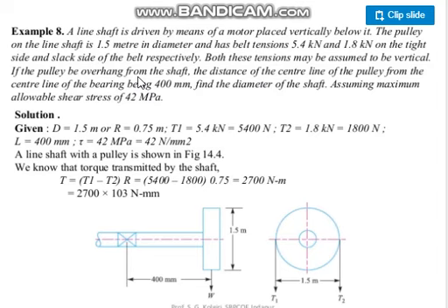If the pulley is overhung from the shaft, see, this is the bearing. Here one bearing is shown, and on this side another bearing will be there. I told you, always shafts are mounted on two bearings only, not on three bearings, and not on one bearing either. Because alignment problems will come if you are putting three bearings. Because of the misalignment, ultimately the load will come on two bearings only.